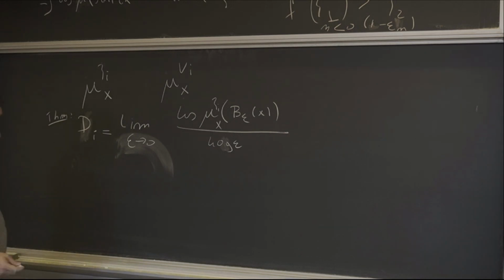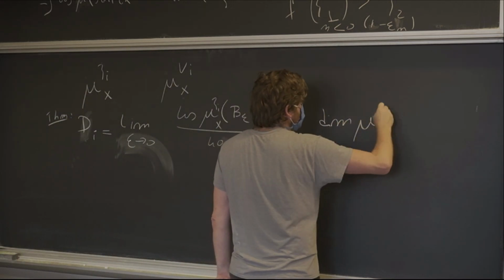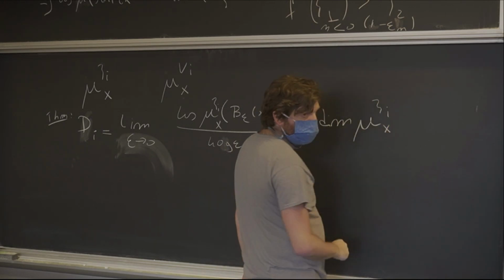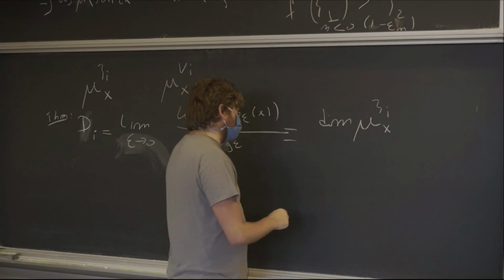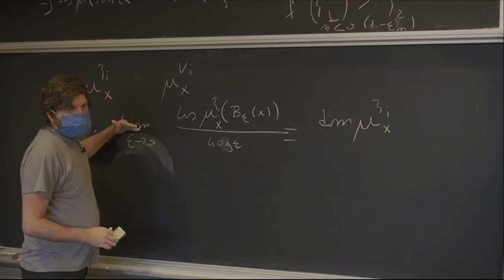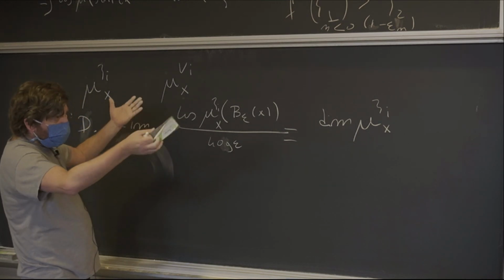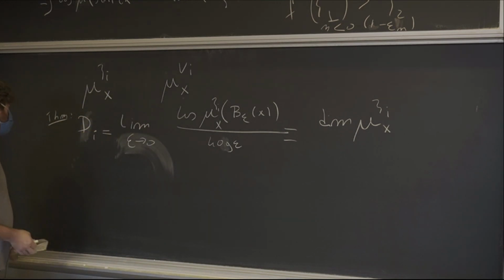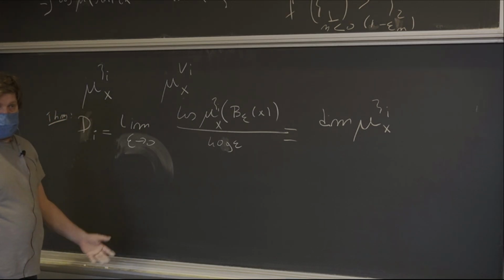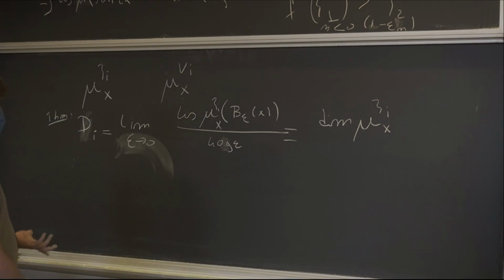And this is actually what is called the dimension of this measure. So this is actually the upper or lower dimension. You take lim sup or lim inf to make sure this exists, then it's upper or lower dimension. And in this dynamical context, Ledrappier-Young showed that this number exists and is independent of the point x, thanks to ergodicity, plus a lot of things, but in particular ergodicity.